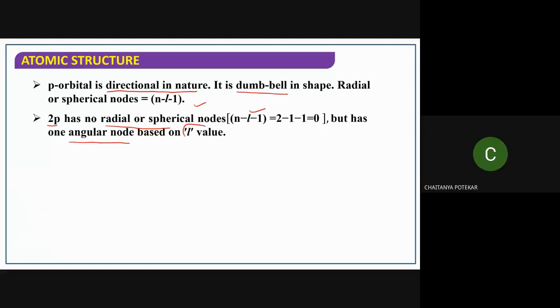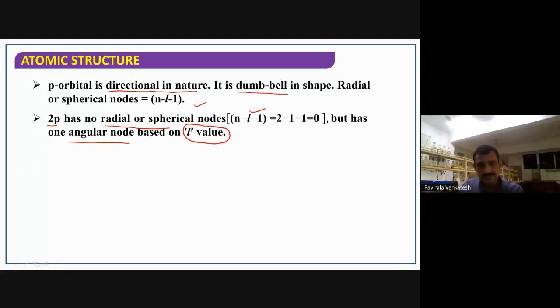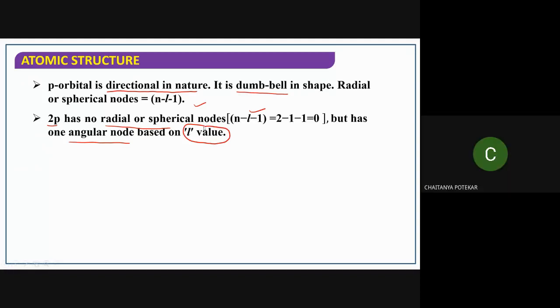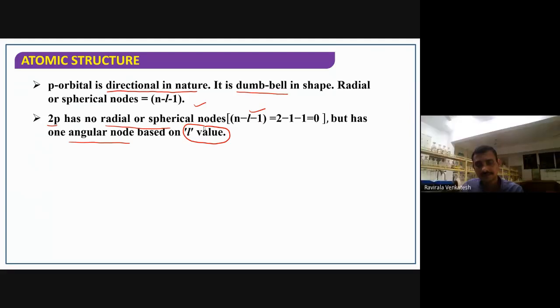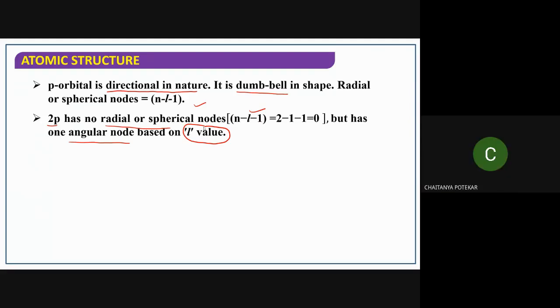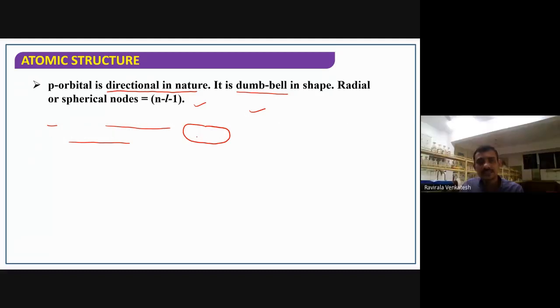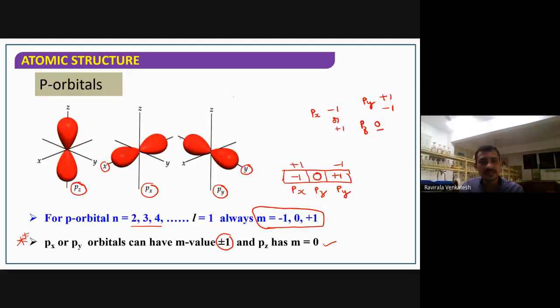Identify the direction. See, these orbitals we are writing now, which direction do they have? Three-dimensional. The x-axis, y-axis, and z-axis are called dimensions, directions. So the orbitals are present, meaning the probability of finding the electron is represented here.